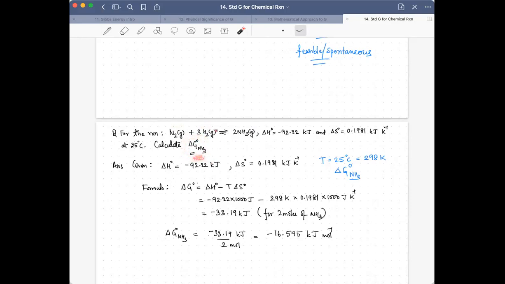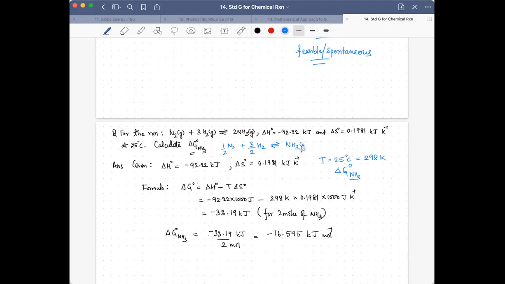So if you simply divide this equation by 2, it becomes 1/2 N2 plus 3/2 H2 equals NH3.